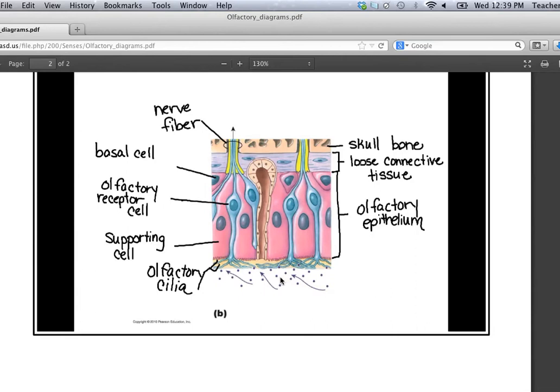And this whole section would be considered the olfactory epithelium. Okay. So we start here, we've got the skull bone, and then attached to the skull bone is some loose connective tissue. Remember, we have to actually connect the epithelium to the underlying tissues, and that's what the loose connective tissue does. The olfactory epithelium is this grouping here.